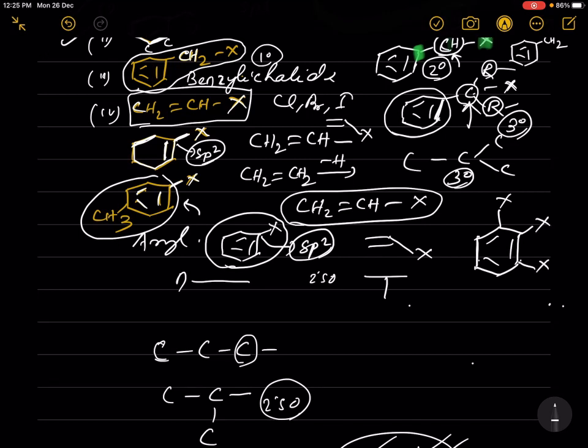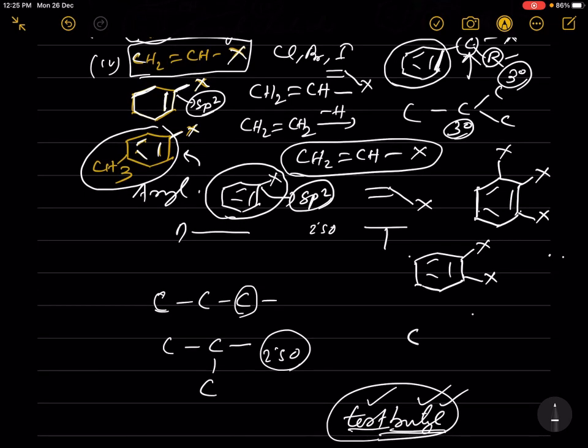If there are two halogen atoms attached to a benzene ring, then it is a dihaloarene. If three halogen atoms are attached to a carbon atom, then it is a trihaloalkane.